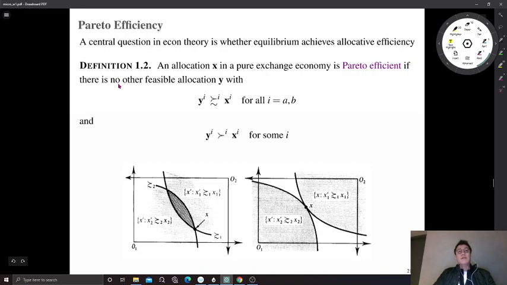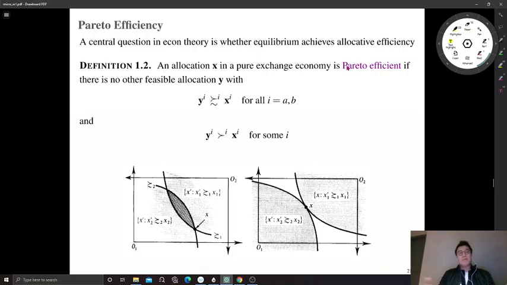So if there is no other feasible allocation Y satisfying these two conditions, then we say allocation X is Pareto efficient.